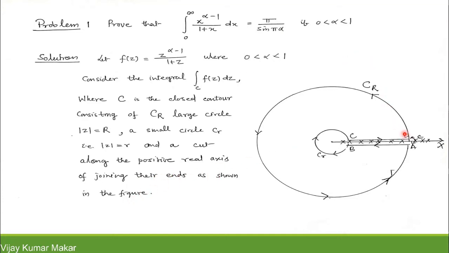So this contour consists of a large circle C_R, then a branch cut along the positive direction of the x-axis from A to B, and a small circle in clockwise direction, then from C to D. And z equal to 0 does not lie in the contour.